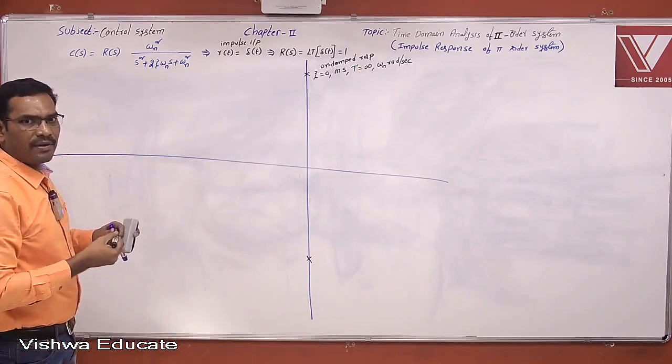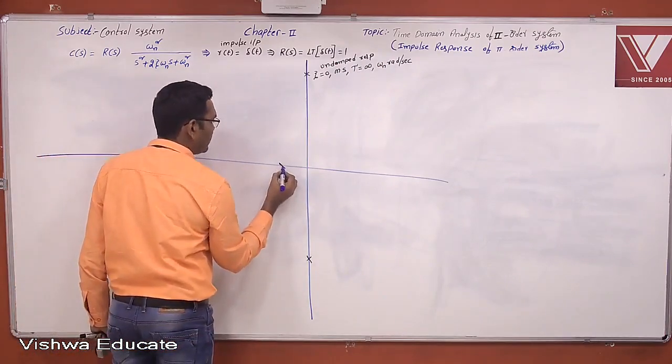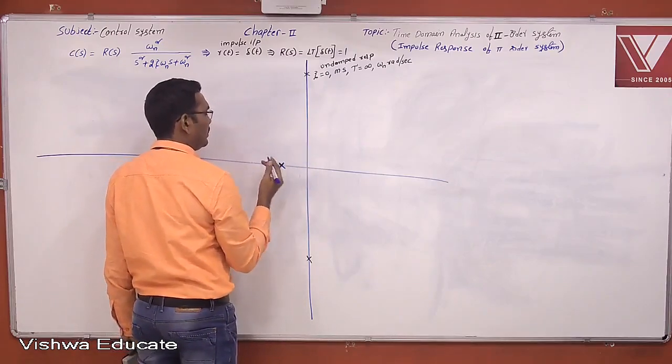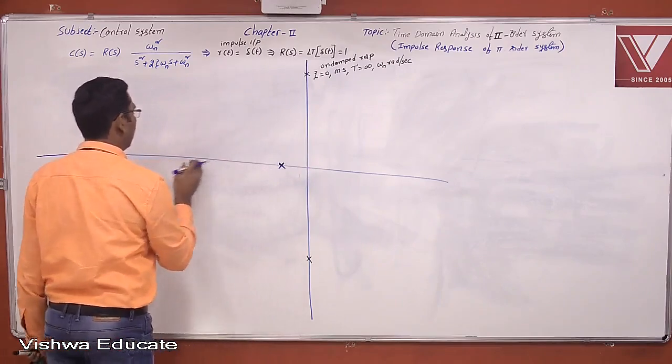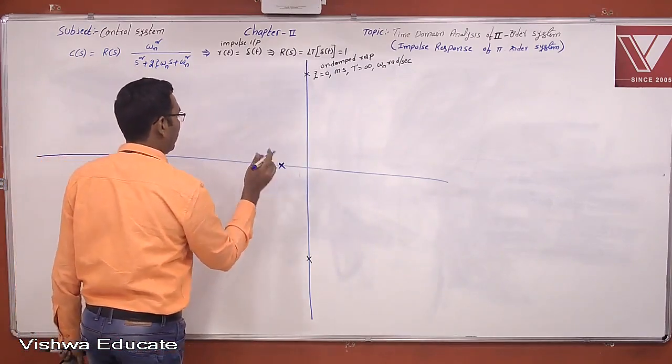And when damping factor zeta is greater than 1, this is the pole location, on the left hand side on the negative real axis, at different locations, but I don't concentrate on the second one because this is the dominant pole.